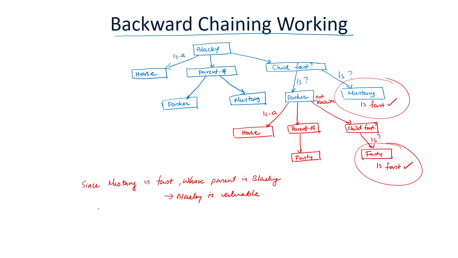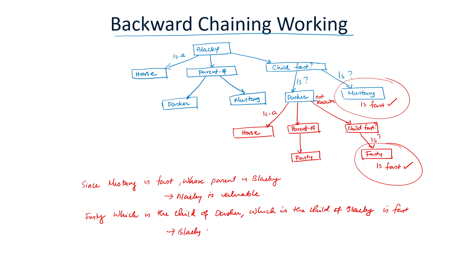Also, Fasty, which is the child of Dasher, which is the child of Blackie, is fast. That way also Blackie is valuable.